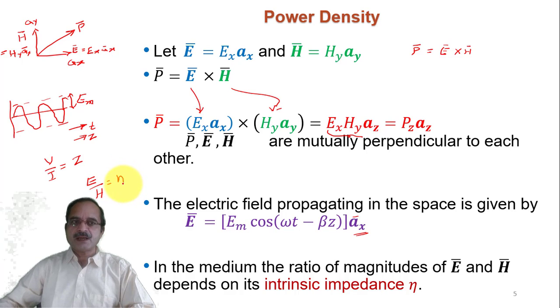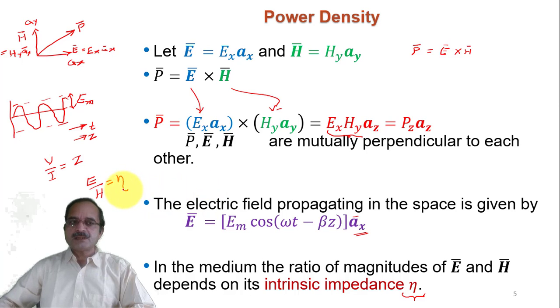It is represented as eta, which is the intrinsic impedance. So electric field corresponds to voltage, magnetic field corresponds to current. The value of eta is different for different media.